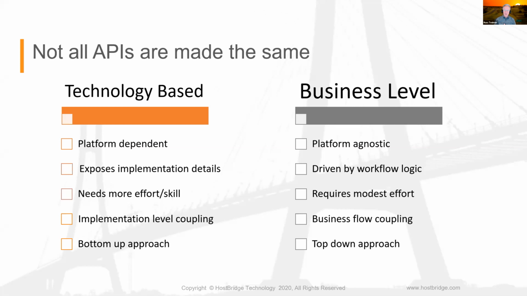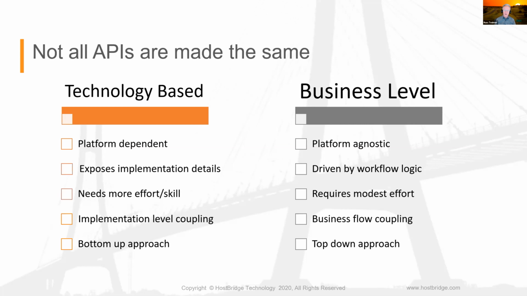A business level API, and you'll see James model this today, is one that's designed to be more platform agnostic. In other words, the API should not say, run program XYZ123 and pass it these input values. No, it should be styled around a business level primitive or activity that is relevant for whatever the application may be.